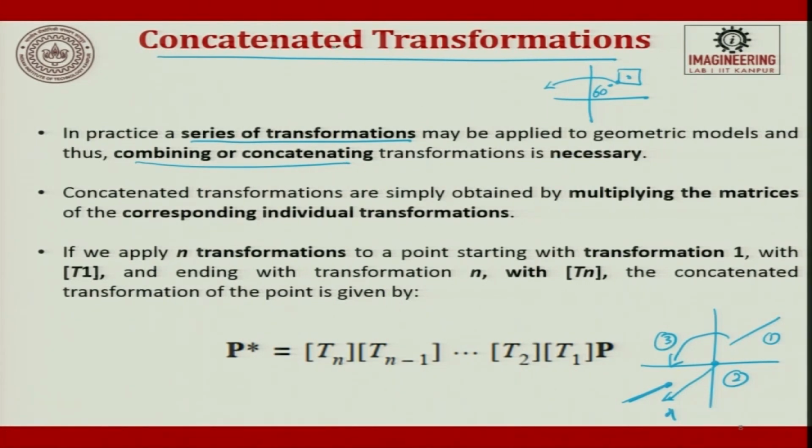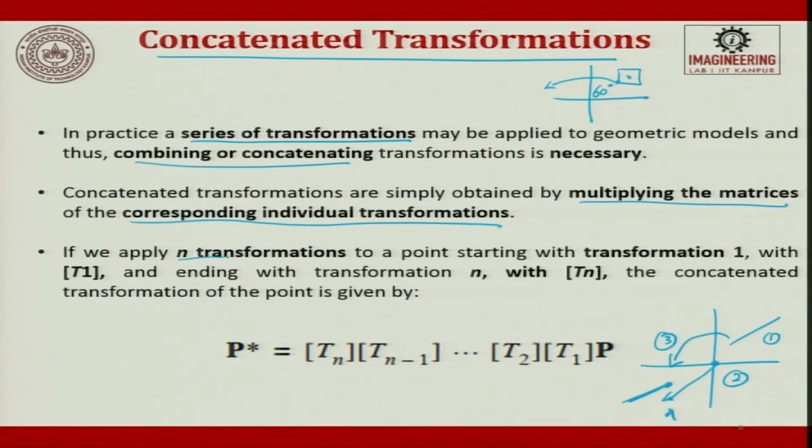That is why it is called concatenation. Concatenated transformations are simply obtained by multiplying the matrices of the corresponding individual transformations. So, you multiply them and arrange them in sequence such that you get the final spot you want.